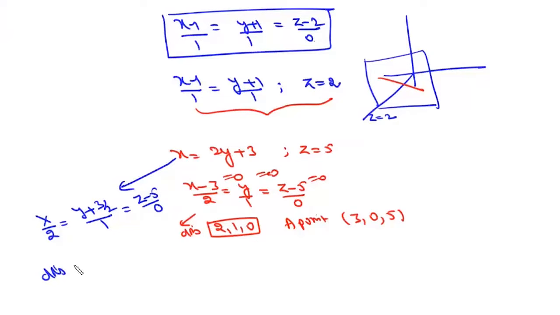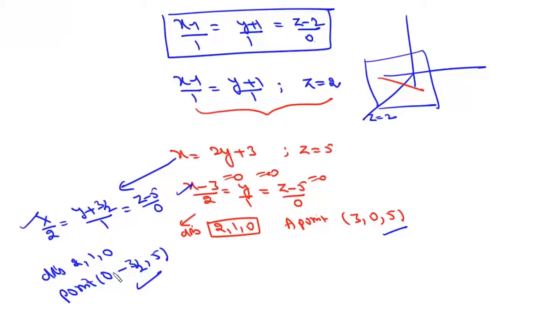Now again, direction ratios are 2, 1 and 0, and the point here will be 0, minus 3 by 2 and 5. So both the points lie on the same line. So these two equations look different, but they do represent the same straight line.